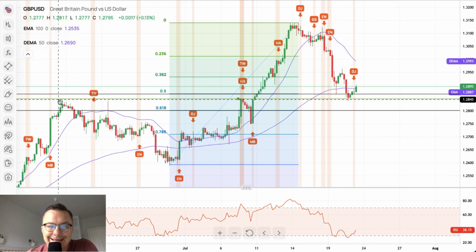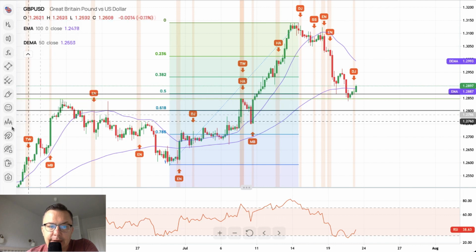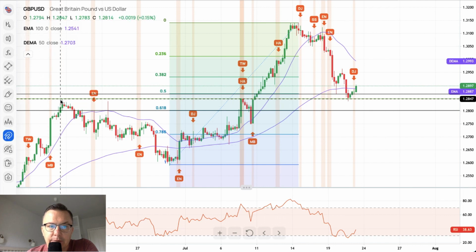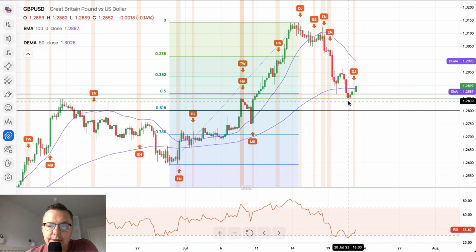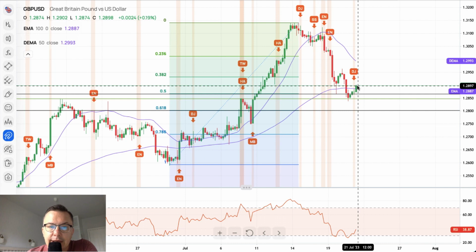We've been testing this technical support from June 16, 2023, located at the level of 1.2847. The local low was made a little bit lower, 1.2839, so it's almost 10 pips lower, and then we have the bounce again to the upside.